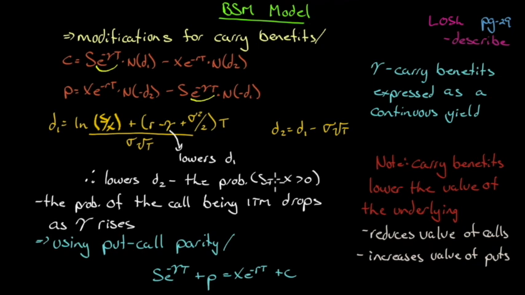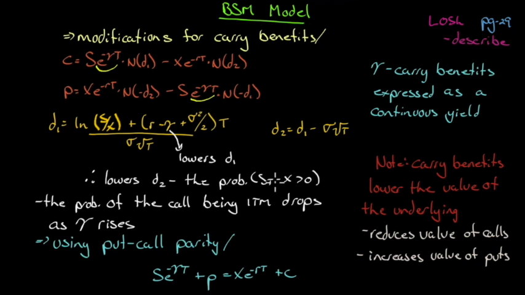Every time the stock pays a dividend, the price of the stock drops on the ex-dividend date by the amount of the dividend. So if that $100 stock is going to pay a $3 dividend, we have to clear that $3 hurdle just to end at the 100. The stock has to go up by $3 just to offset the $3 that it will drop on the ex-dividend date. So it does, in fact, lower the value of the call.